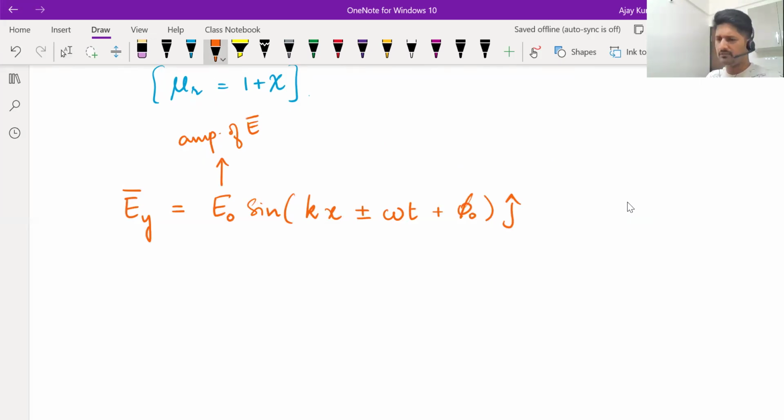They don't use the word peak value, they use the word amplitude of electric field. Now we know K is propagation constant or angular wave number. What can we find out based on K, or what does K depend on?